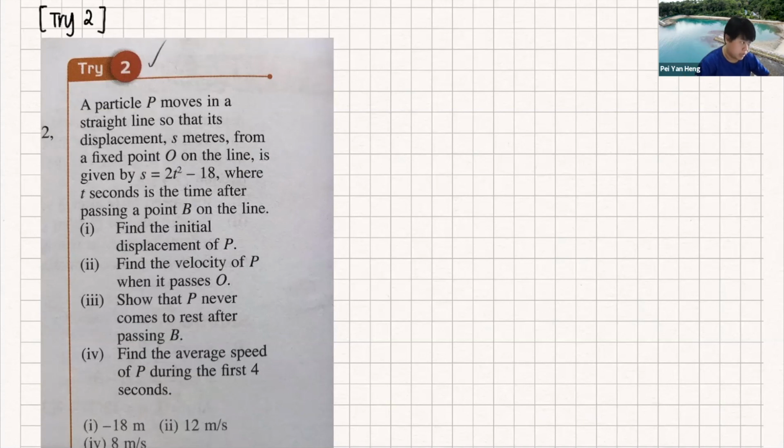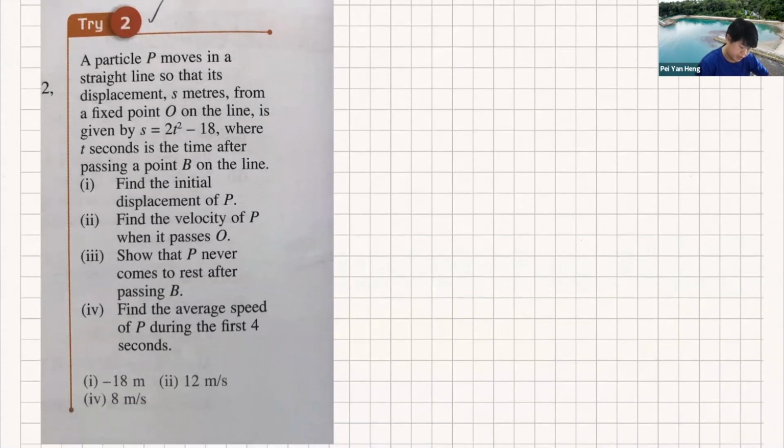Here we have a particle moving in a straight line so that its displacement s meters from a fixed point O is given by s = 2t² − 18, where t is the time after passing a point B on the line. So please take note, the condition is t is the time taken after passing point B on the line. Only when the particle passes point B do they start the timer. And that's the equation given to us.